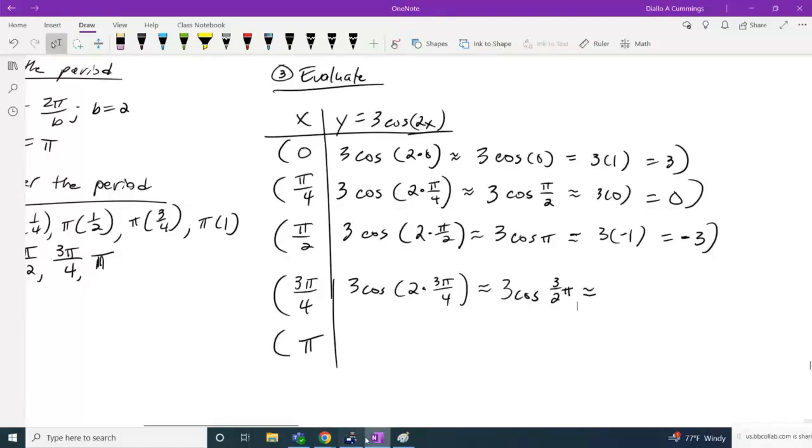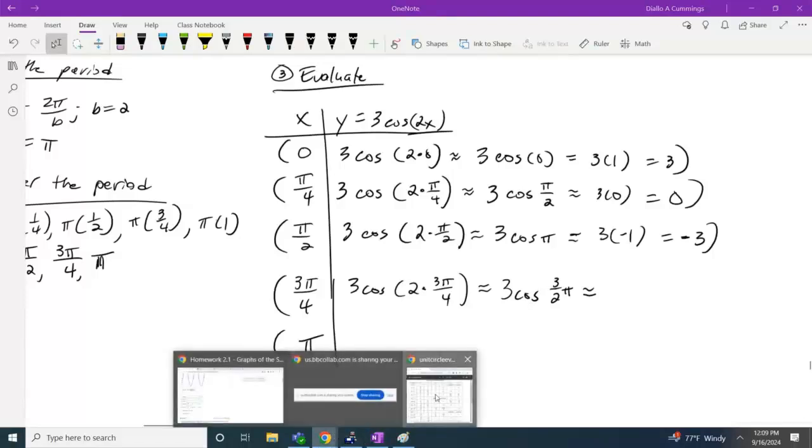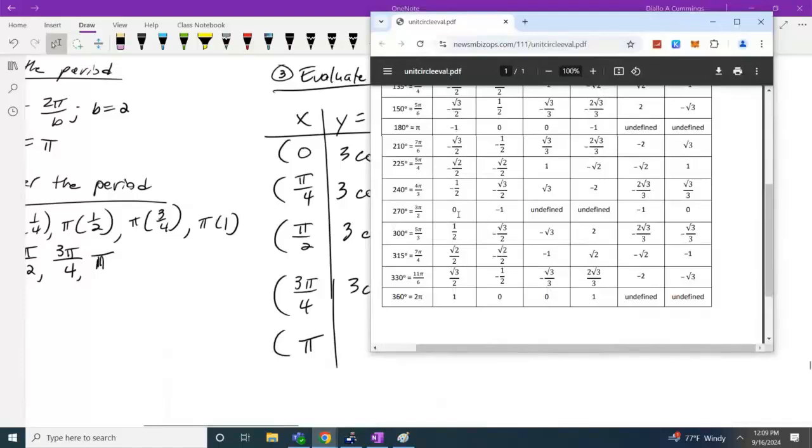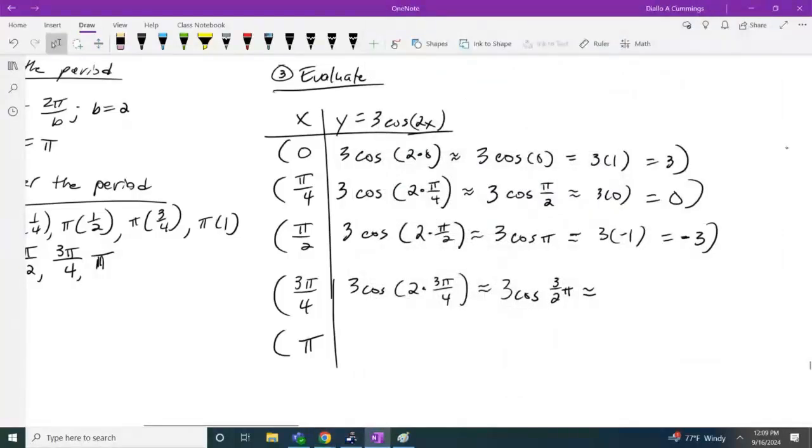And the cosine of 3/2 pi, that should give us 0. So that's 3 times 0, which is 0.